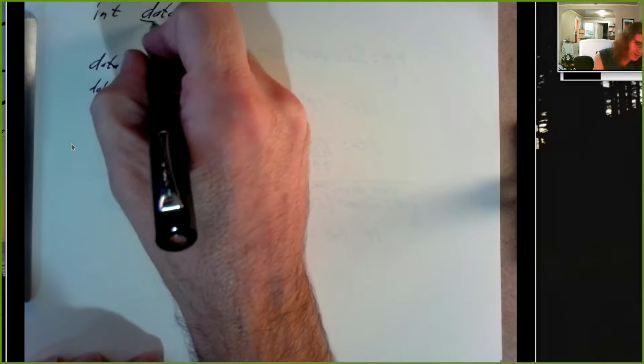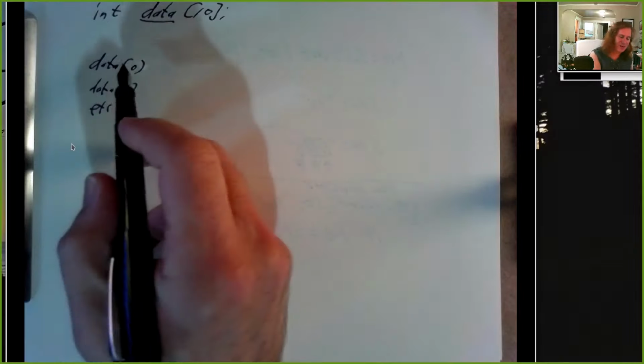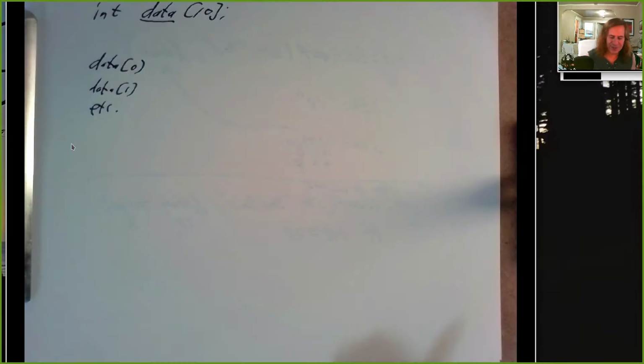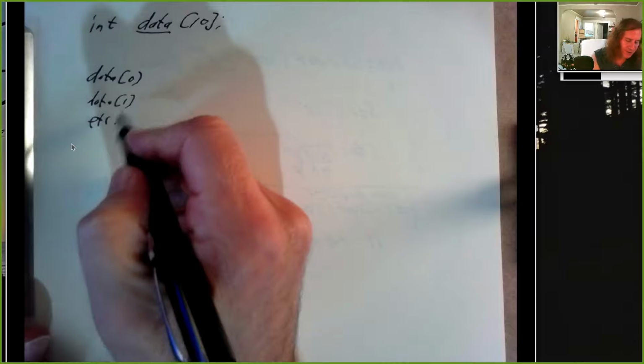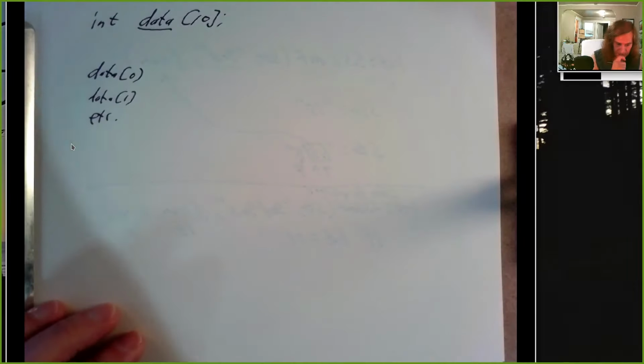One, you're telling the compiler, I'm going to use the word data, D-A-T-A. It's going to refer to a bunch of integers that I access with data bracket some index after that. So data element 0, element 1, and so on.